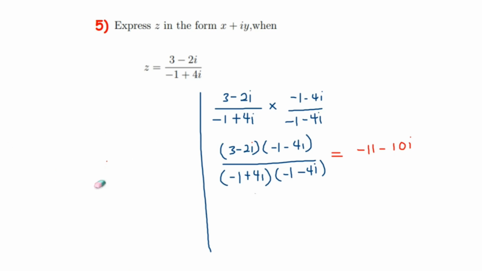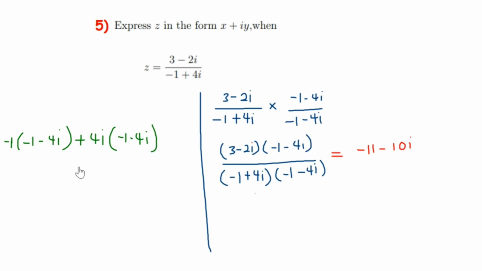Now let's do the same for the denominator. I'm going to multiply the first bracket with the second bracket: minus 1 multiplying minus 1 minus 4i, and then plus 4i multiplying minus 1 minus 4i.